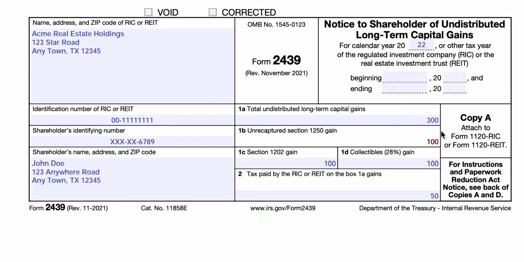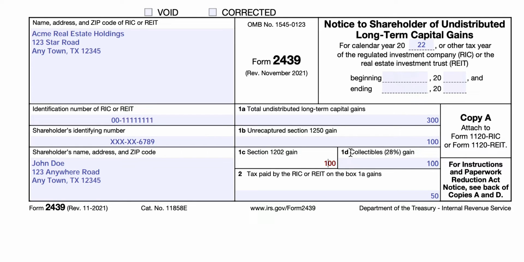So individuals would file this on line 11 of the unrecaptured Section 1250 gain worksheet, which you can find in Schedule D. Estates and trusts also have an unrecaptured Section 1250 gain worksheet, but it's in Schedule D of the Form 1041 instead of Form 1040.